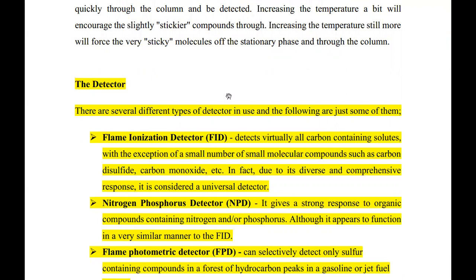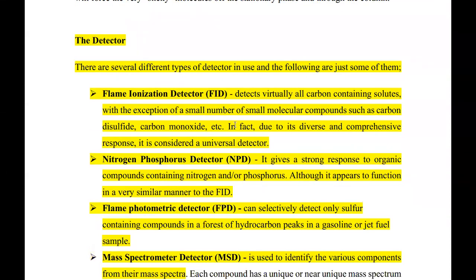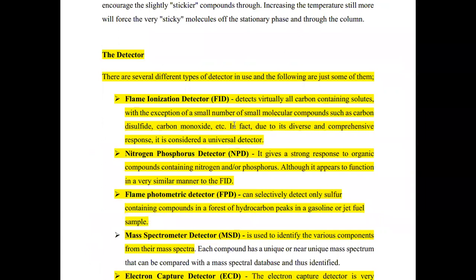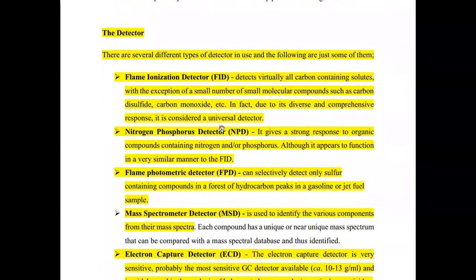Now we've gone to instrumentation. Suppose you work in the lab and then they tell you that the detector is not working. What type of detector do you buy? That's the point that we've gotten into. So now about instrumentation, there are several detectors that are used, and these are the common ones.